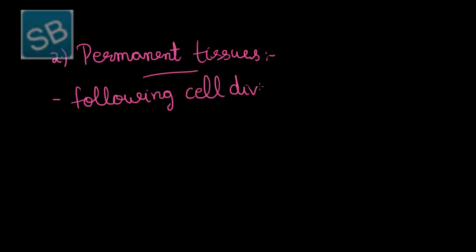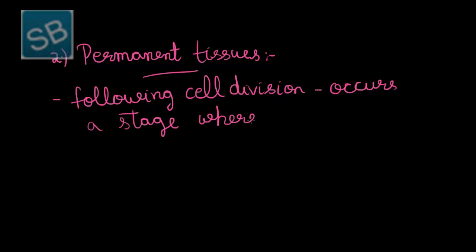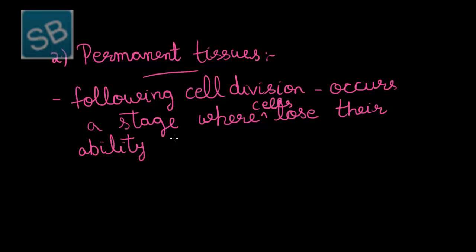Therefore, following cell division of the cells of meristematic tissue, there occurs a stage where cells lose their ability to divide and become mature.